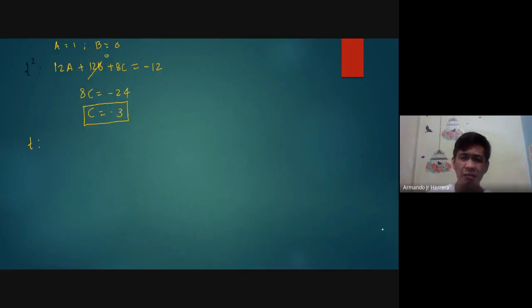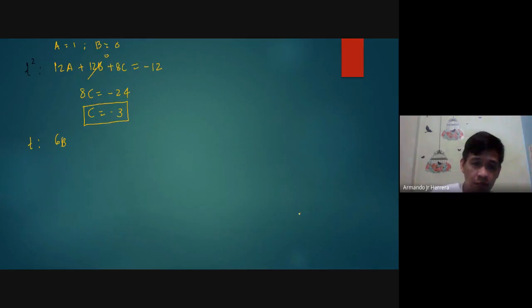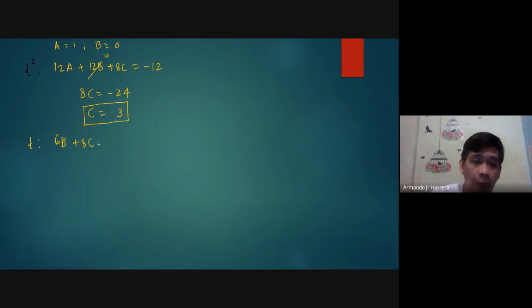So that's 6b, then 8c, then 8b equals negative 24.